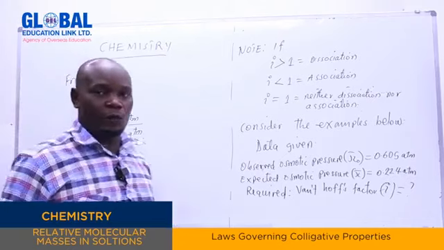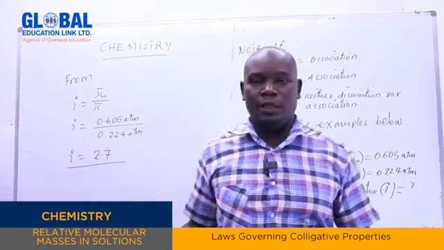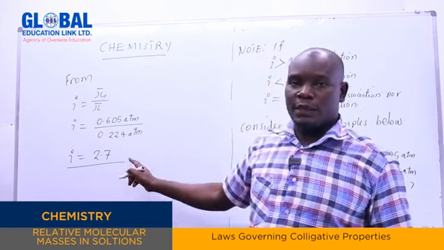Therefore, the Van 't Hoff's factor for this solution is 2.7.